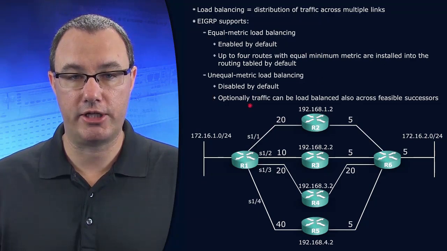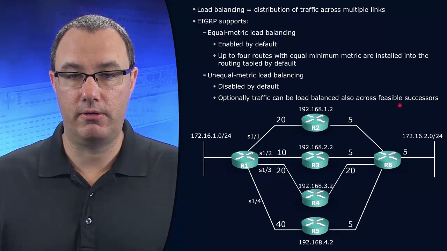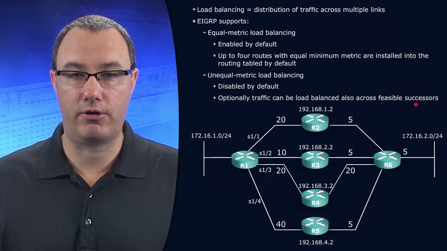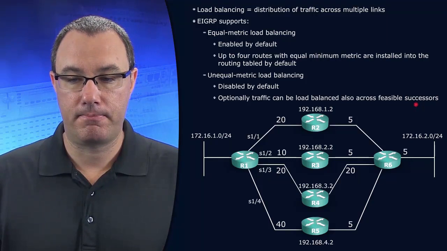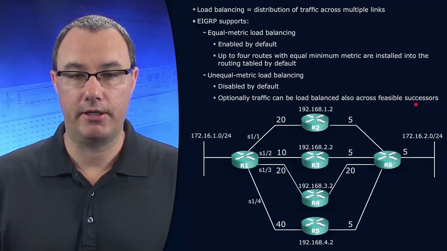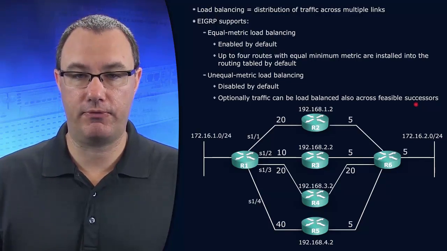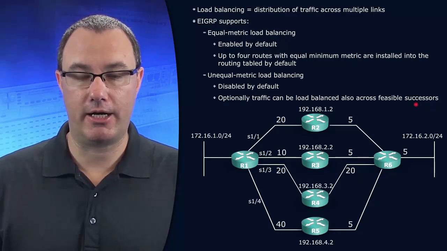Now, there is a challenge with this. Yes, we're going to trickle through some traffic on our feasible successors. But the way that we perceive this feature in networking is very important to us. And the feature is perceived as dangerous. Here's why.